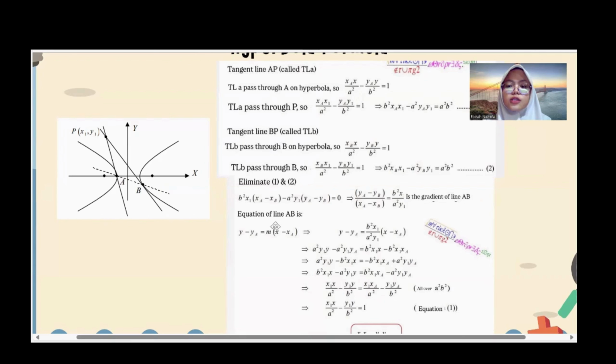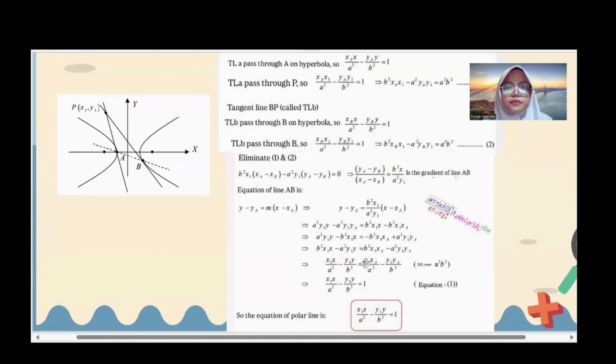This is the equation of a straight line that passes through two points. Since the polar line passes through points A and B, we can use this straight line equation. And then we substitute the value of m that we got from this elimination.